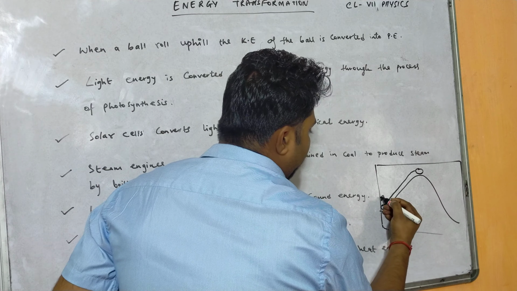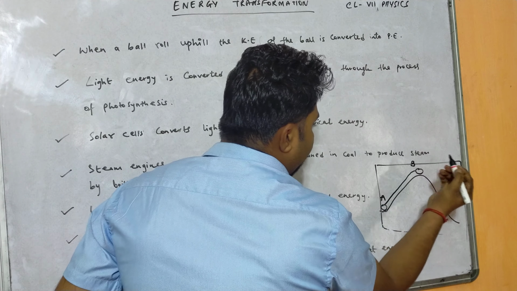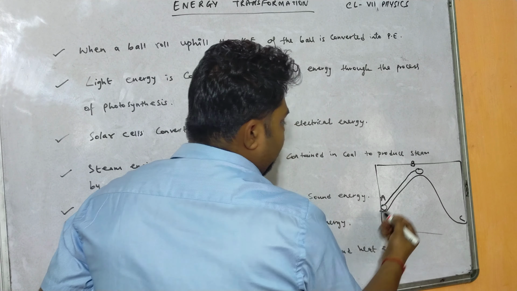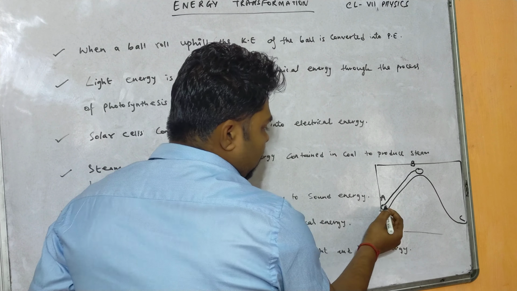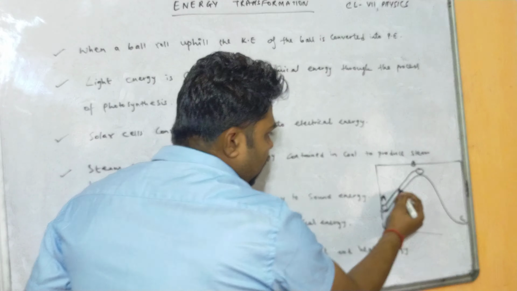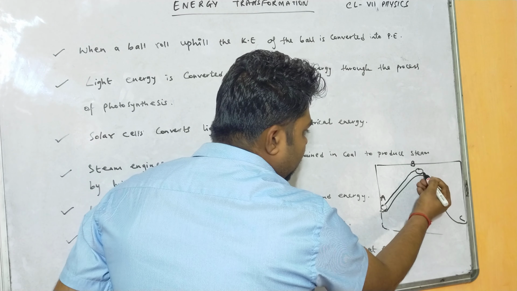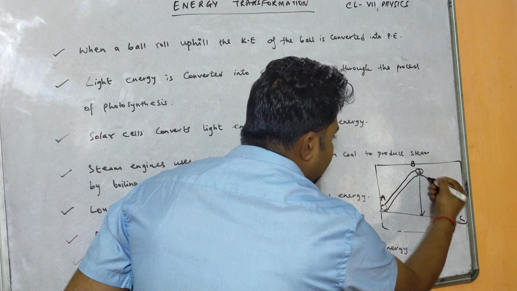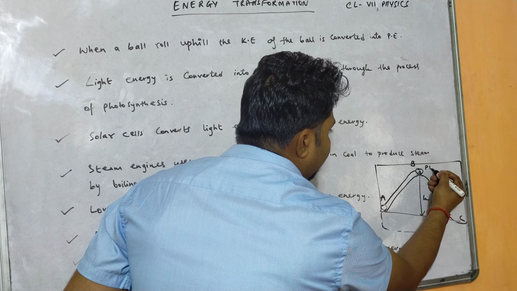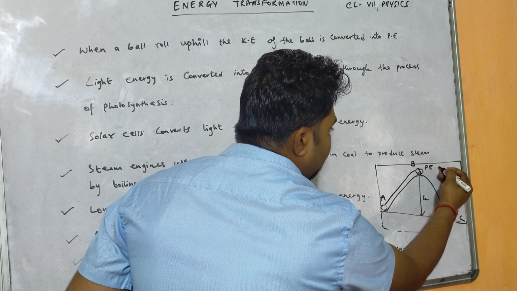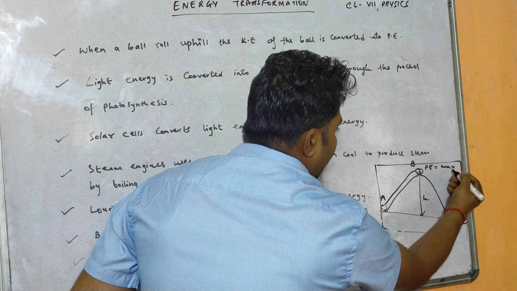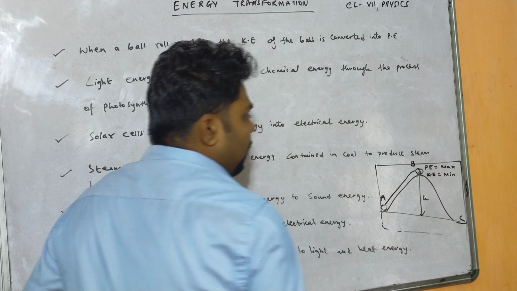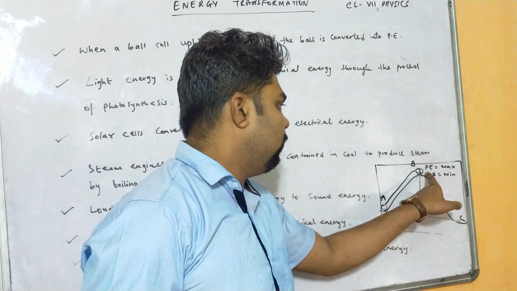If I consider this point as A, this point as B, and this point as C, then at point A this ball is being pushed up the hill. Now here the height is maximum, so we say the potential energy is maximum and kinetic energy is minimum, right? Because the object is at rest now.